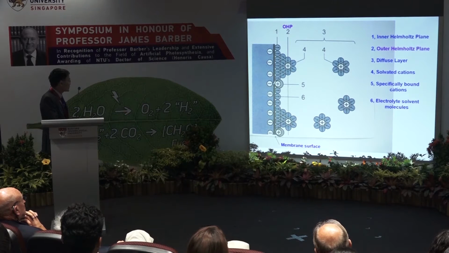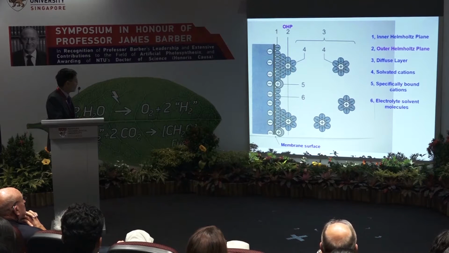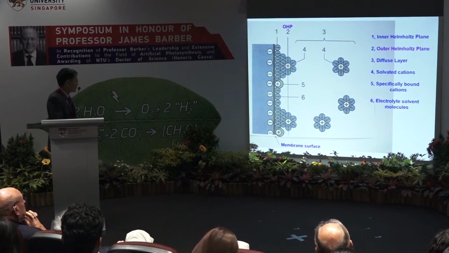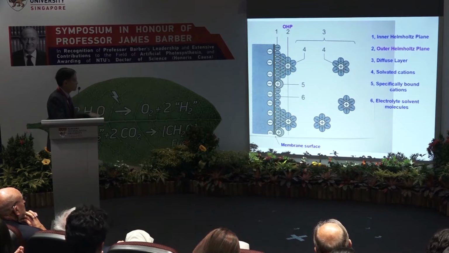That's the membrane surface with the net negative charges on the surface. And there would be a layer of solvent molecules adhering to the surface, and occasionally there would be some cations that are partially solvated and are adhering to this membrane surface. And the diffuse layer is out here, where the monovalent cations can diffuse freely.